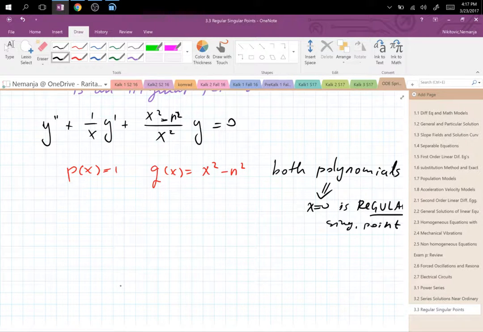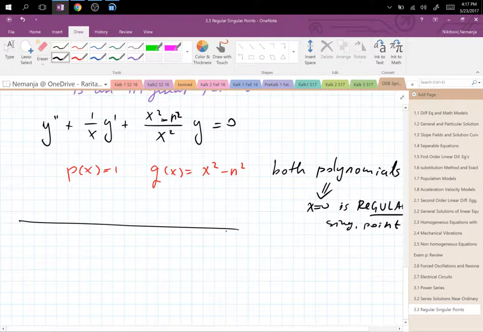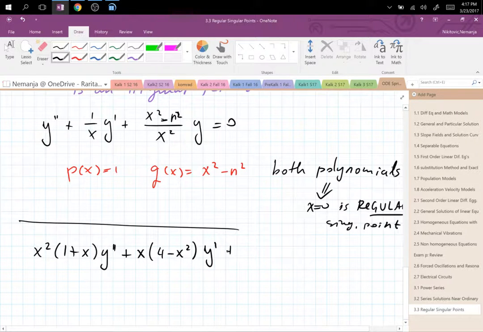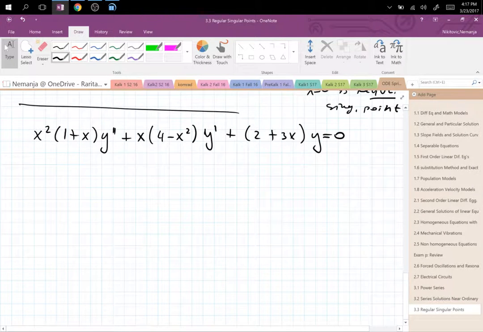So let's consider a different example. x squared (1 plus x) y double prime plus x (4 minus x squared) y prime plus (2 plus 3x) y equal to 0. So the first order of business is to see that we have two singular points.